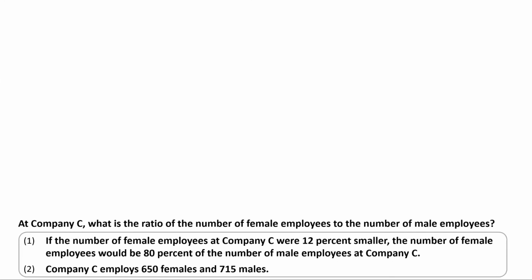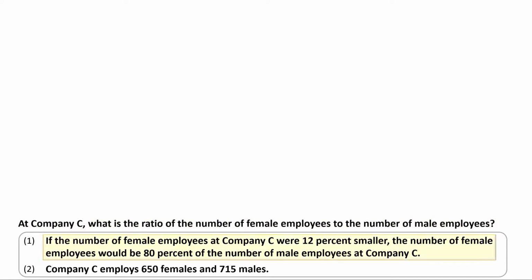In this problem, the top section reads, at company C, what is the ratio of the number of female employees to the number of male employees? In the initial stages of our solution, we'll focus on this top section. However, it's a good idea to look ahead and skim the statements, so that we have a sense of what's coming.